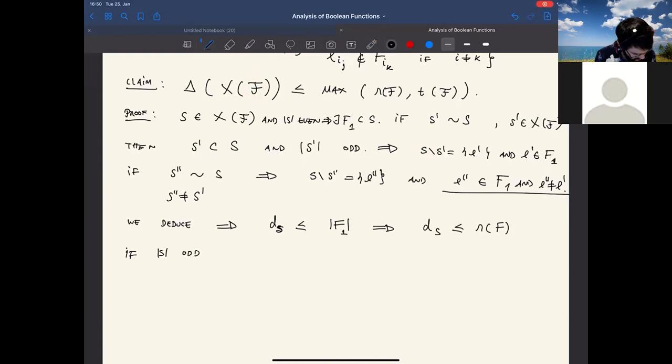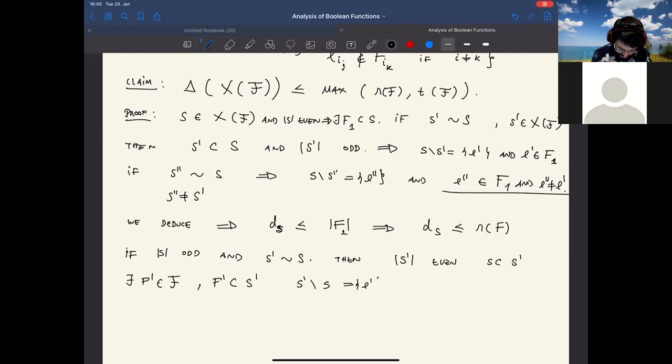Now, if F is odd, and say S prime is a neighbor of F, then, well, of course, S prime is even, and S has to be contained in S prime, and there will be then some F prime in the family, F prime contained in S prime, and therefore S prime minus S must be some L prime, which is an element of this family.